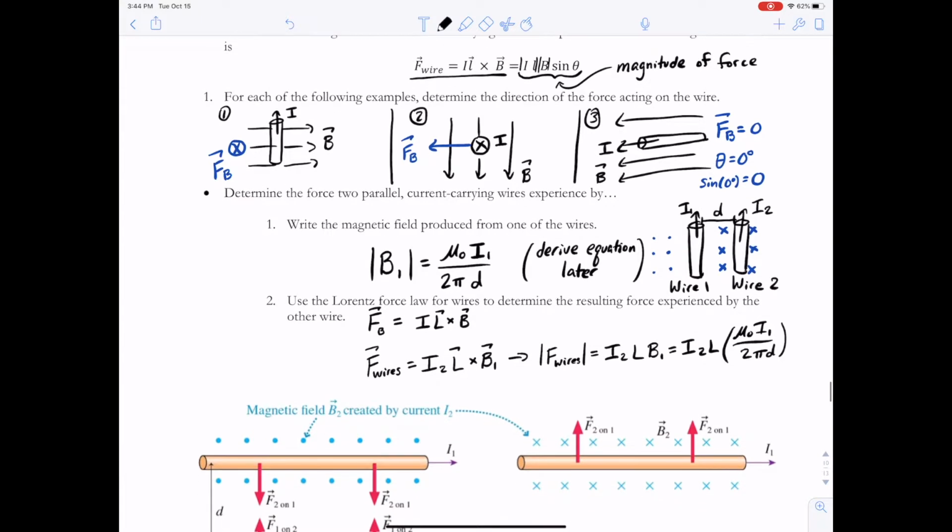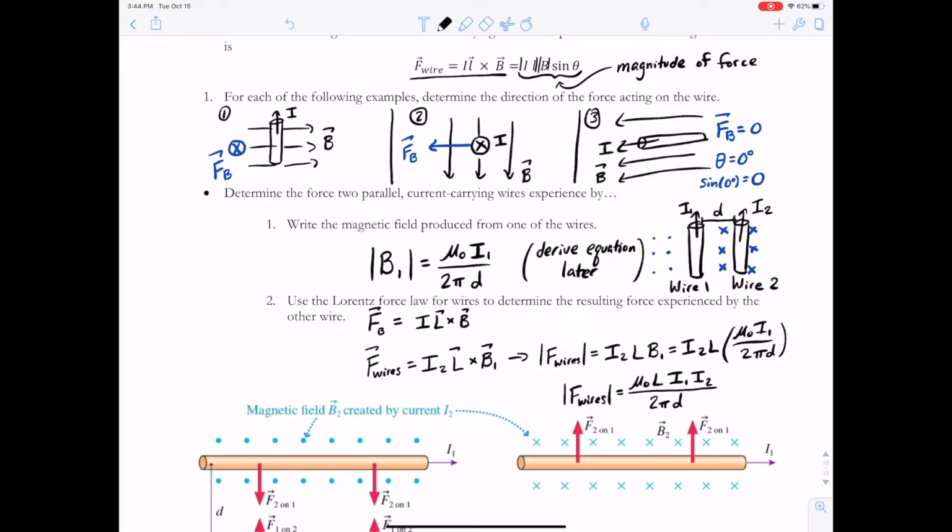The magnitude of the force experienced by wire 2 from the magnetic field created by wire 1 is given by force between the wires equals mu naught L I1 I2 divided by 2 pi times the distance between the two wires.